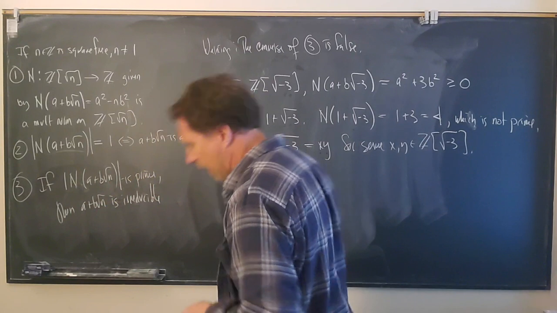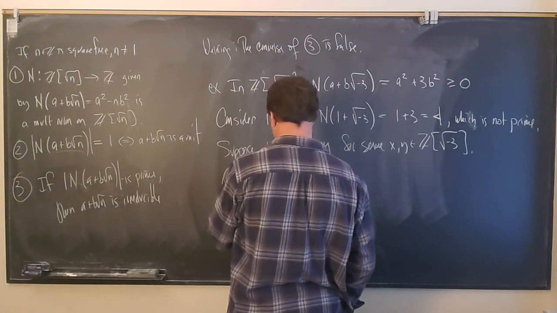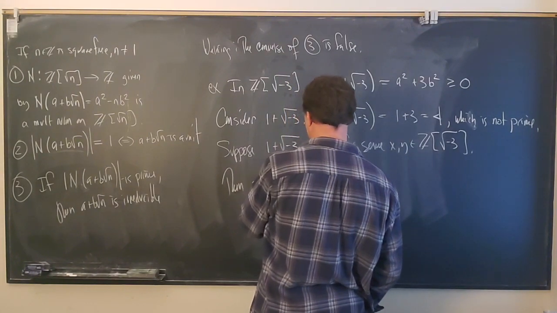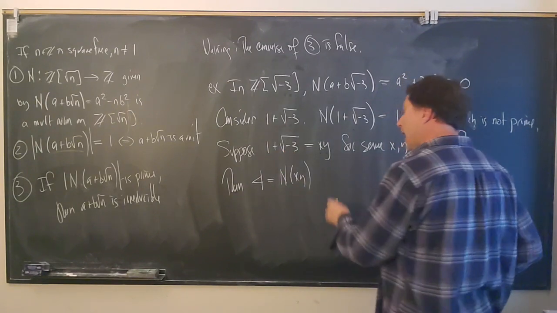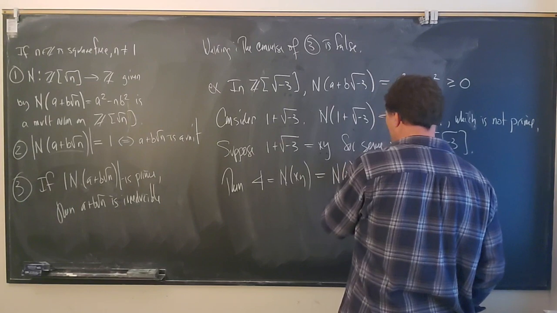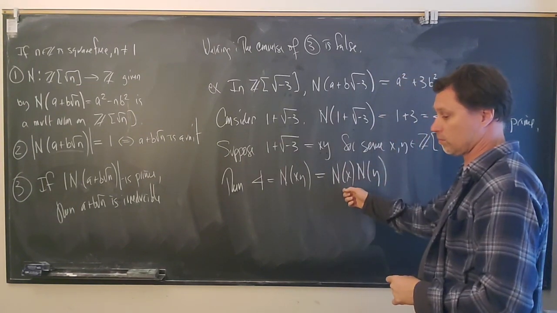Then 4 is equal to the norm of x times y, because x times y is this, which has norm 4. And because it's a multiplicative norm, and here's where the power of multiplicative norms comes in, it allows you to factor.